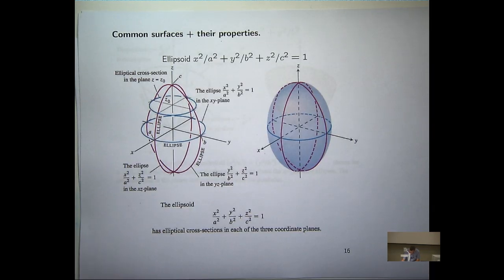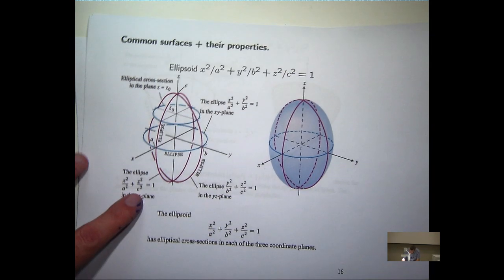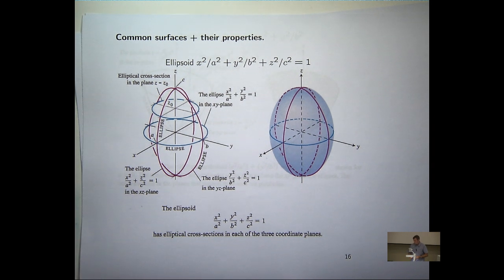Let's look at some common surfaces and their properties. Now, again, this hasn't been talked much about in first year, but what these pictures, I hope, do for you is give you some real insight into how the surfaces can be formed from just intersecting the surface with various planes.